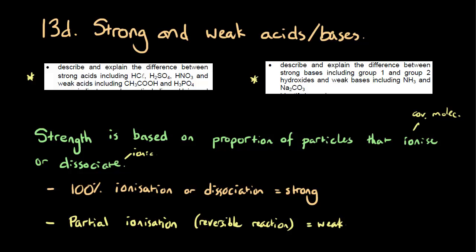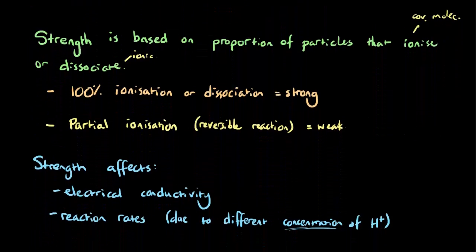If 100% of the particles either ionize or dissociate, then we say that that is a strong electrolyte. So it could be a strong acid or it could be a strong base. If there is partial ionization, meaning that it's actually a reversible reaction, then we say it is a weak acid or a weak base. The strength has a number of effects on the properties of a solution.